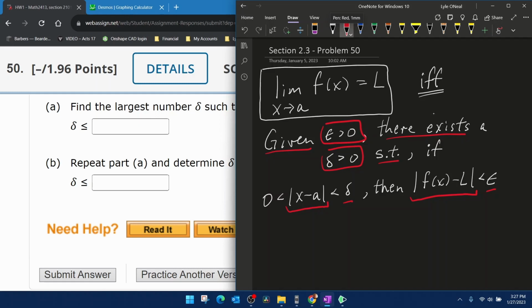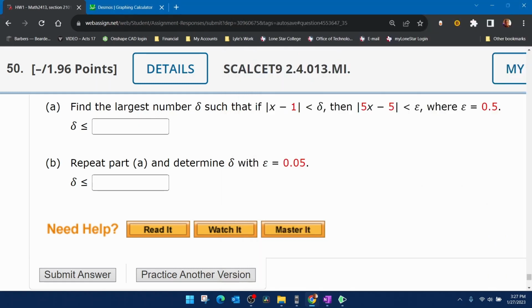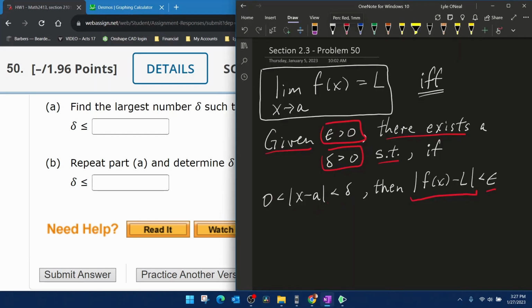I want to show how we can take this and extrapolate the information we need to solve this numerical problem. So back over here, we can see that the absolute value of x minus 1 is less than delta. If I go back to my definition and replace this absolute value, x minus a with x minus 1, then negative a is negative 1. So this tells me that a is 1. That's one of the pieces I need.